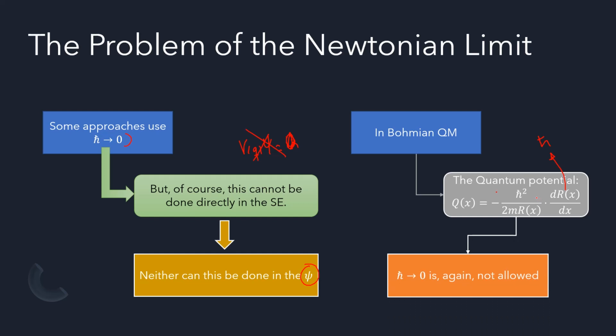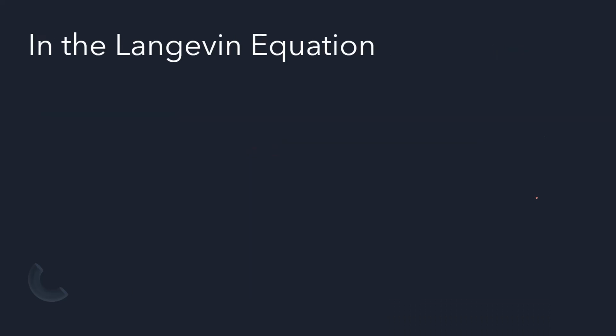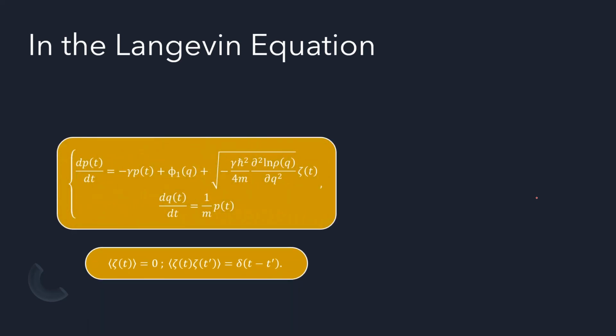Now we can see how to tackle this problem within the limits of our own interpretation. And we may use the Langevin equation to do that. So look at the Langevin equation again. We have here, besides the Newtonian force, two terms, this one and this one.